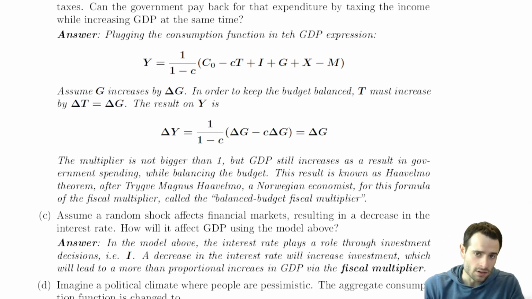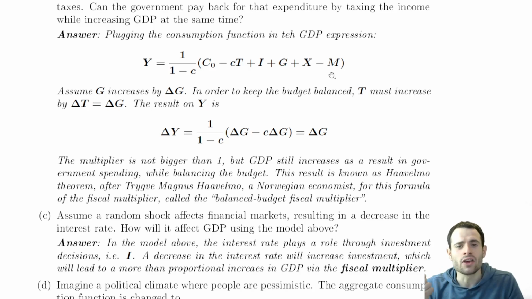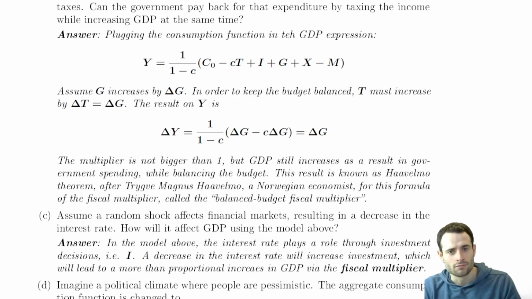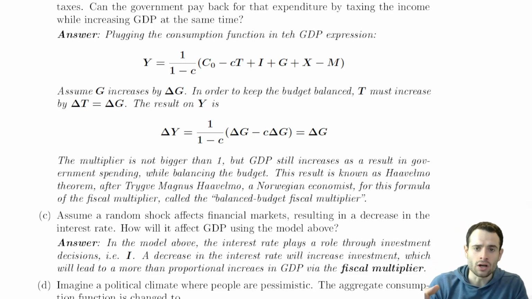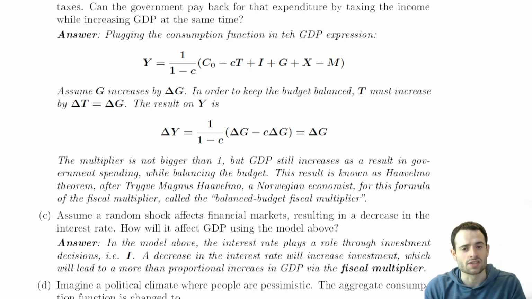The exchange rate will definitely have an impact on X and M. So not only I will change in this case, but also exports and imports. But it is always interesting to just think about what could happen if, taking into account maybe a very isolated shock versus a shock that is going to propagate across markets.